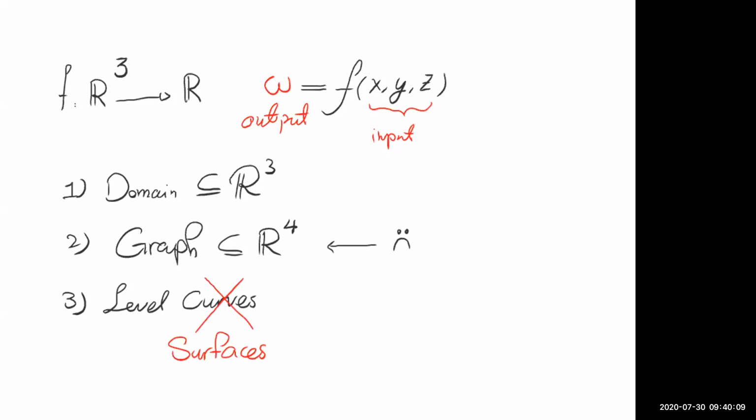So let's look at an example of a function from three-dimensional space to R. So let's say we have a function f, which takes three variables, x, y, and z. And say this function is equal to 4x squared plus y squared plus z squared.